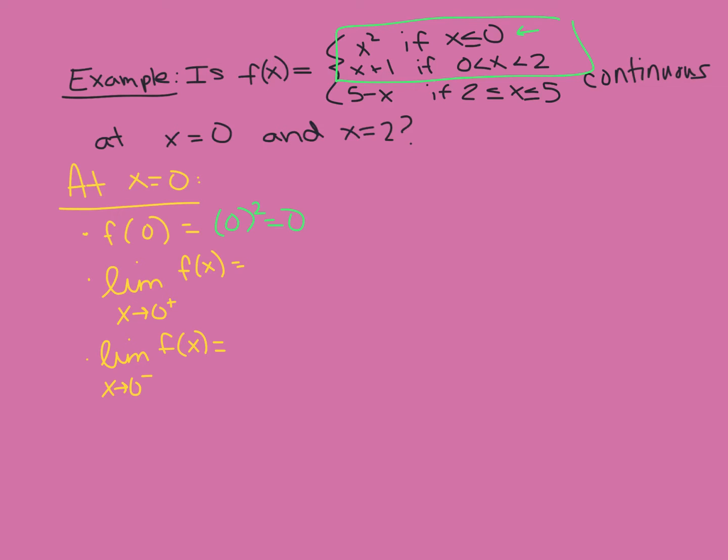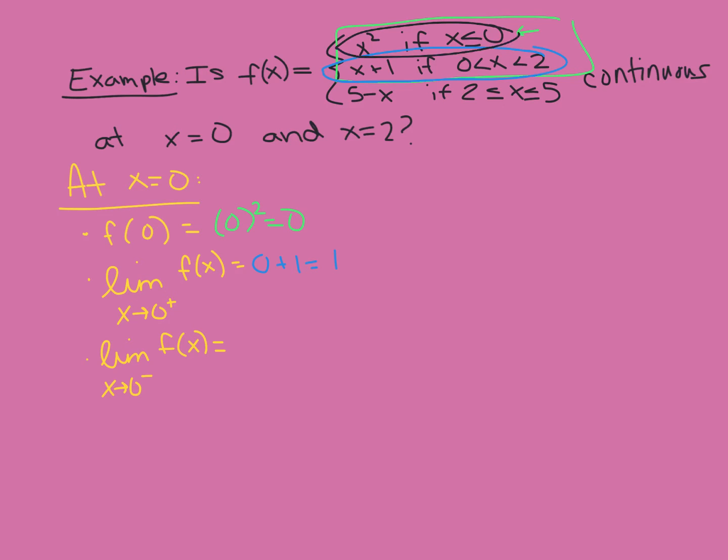The next one, the limit of f of x as x approaches 0 from the right, is going to use the second equation. So I am going to be using x plus 1. I get 0 plus 1 is equal to 1. The third part of this, I end up getting the limit as x approaches 0 from the left.